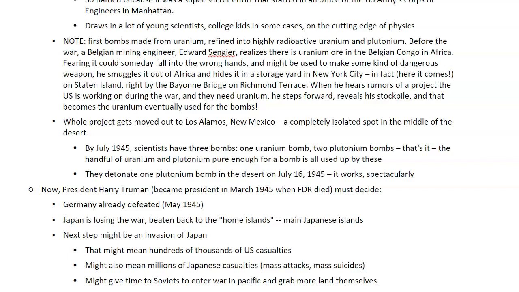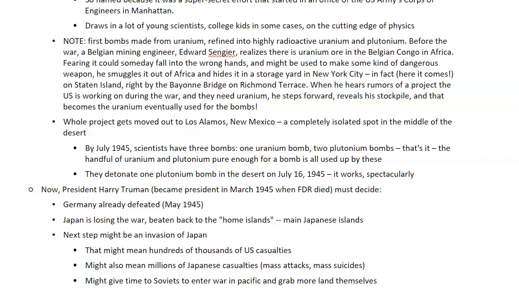Before the war even breaks out, there was a Belgian mining engineer named Edward Sengier. And Sengier realizes that there is uranium ore in the Belgian Congo, in Africa, a colony of Belgium. Nobody's talking about weapons exactly, nobody's building bombs, but there was a lot of experimentation being done with radioactivity and atomic energy.